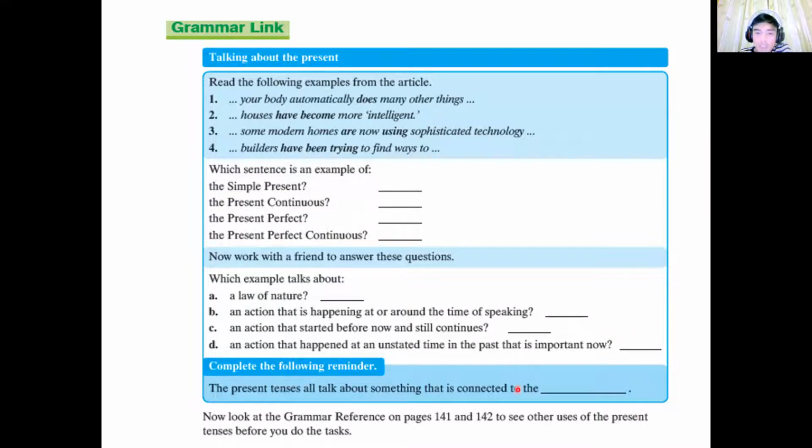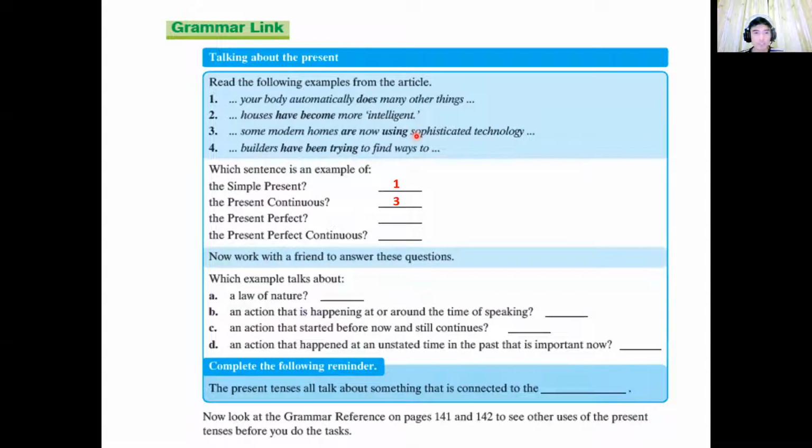So I guess you can just identify easily which one is the simple present. Yes, sentence number 1, does. Which one is a present continuous? Which means it is something that is still happening. Yes, that is number 3 because are using.